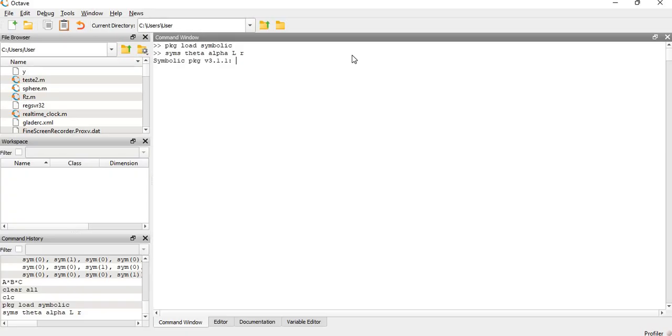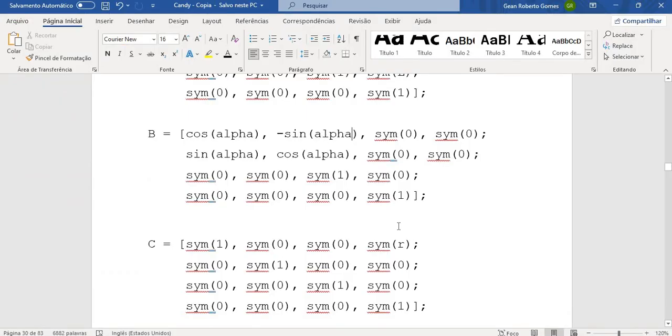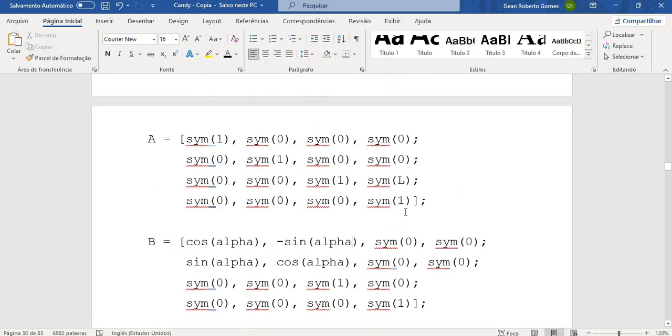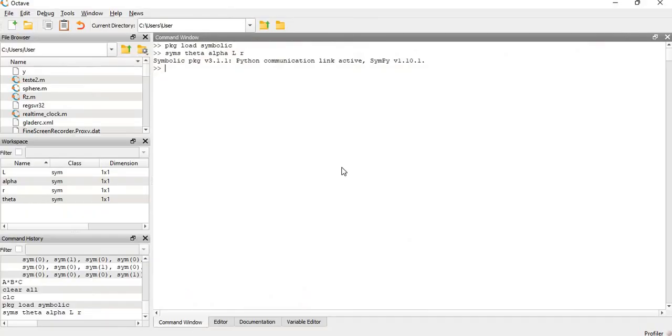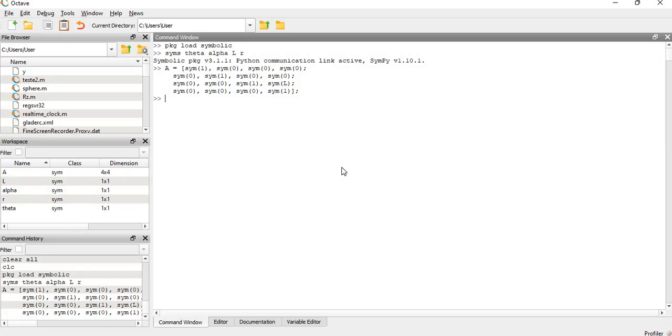Okay, now we have specified the generic parameters that we want to work with, and now we have to enter the matrices that we want to operate. I already have transformed the matrices into line code, so now we have just to copy and paste right here. Okay, let's bring the other ones.